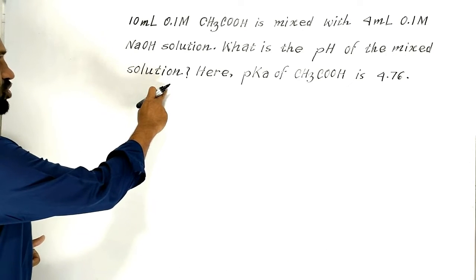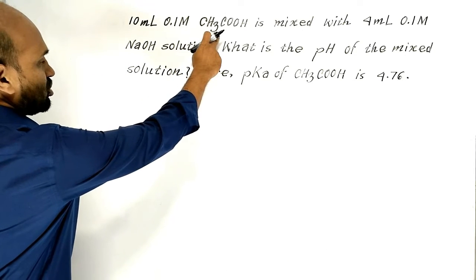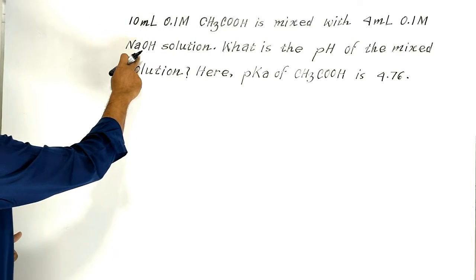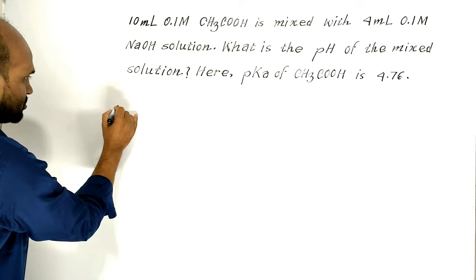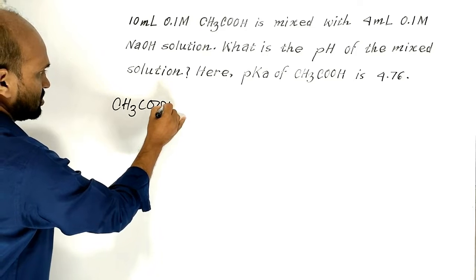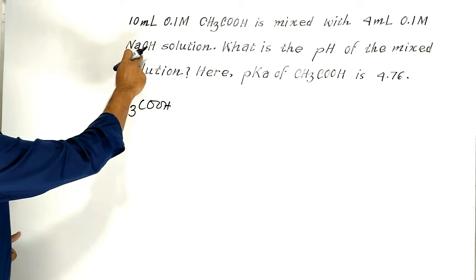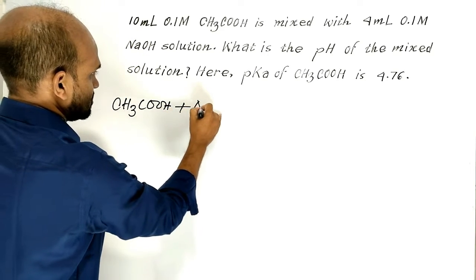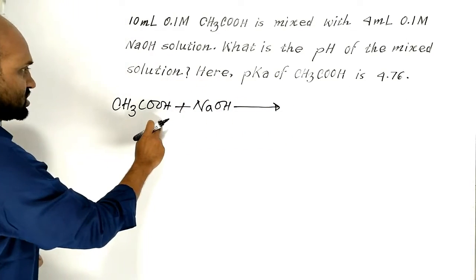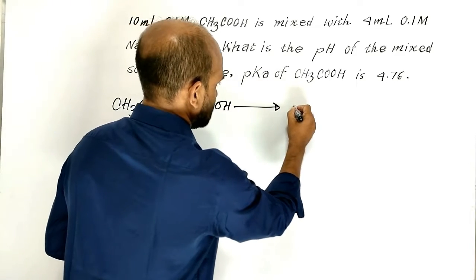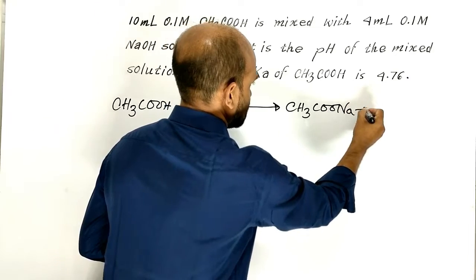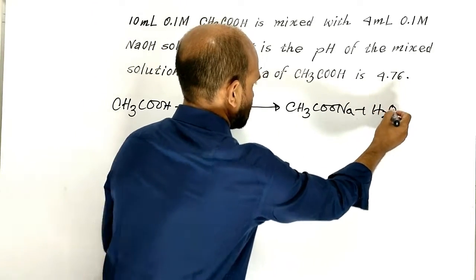In this mathematical problem, solution of acetic acid is mixed with the solution of sodium hydroxide. So let's write the reaction. Acetic acid, which is mixed with the solution of sodium hydroxide. After mixing, the products are sodium acetate and water.